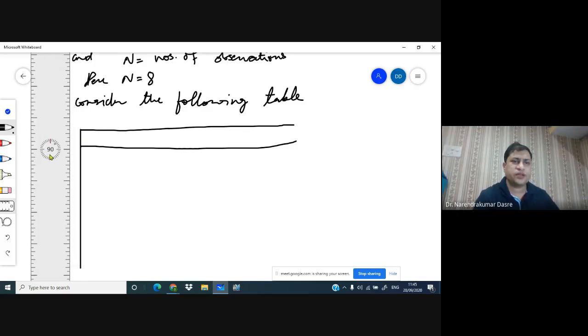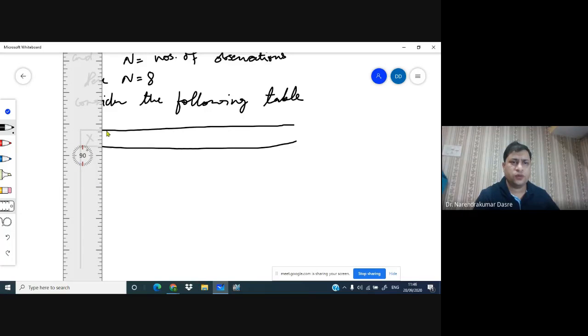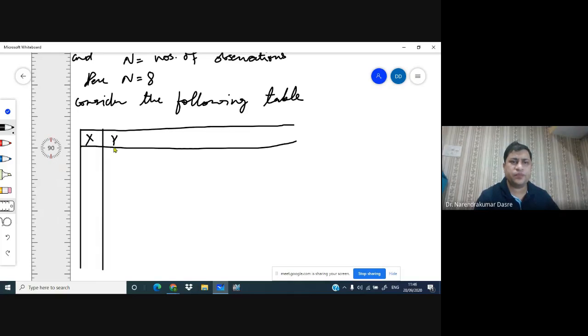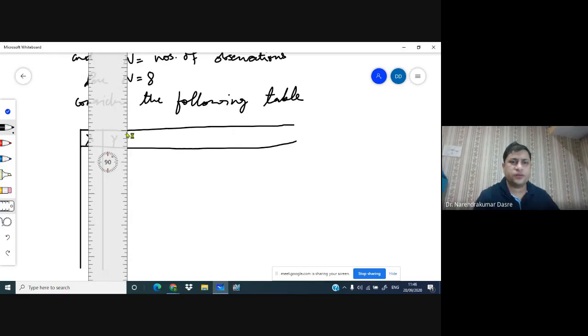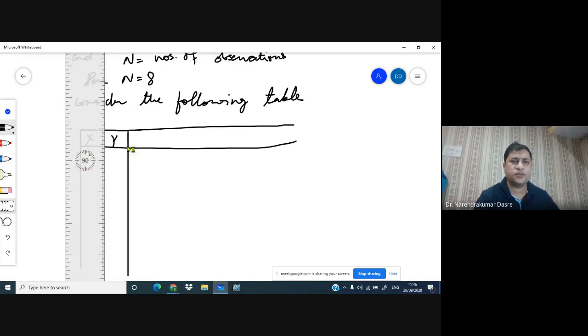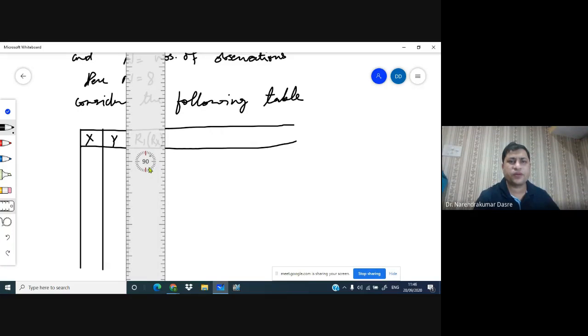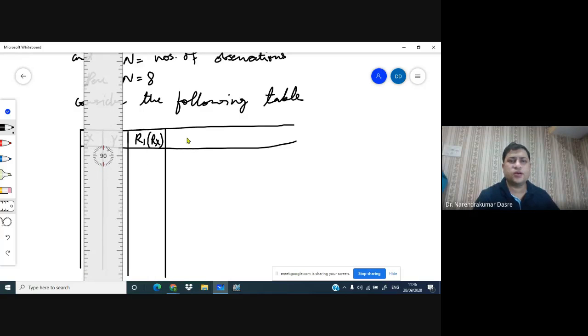Then we calculate R1, or you can say this Rx. Then we have this R2.